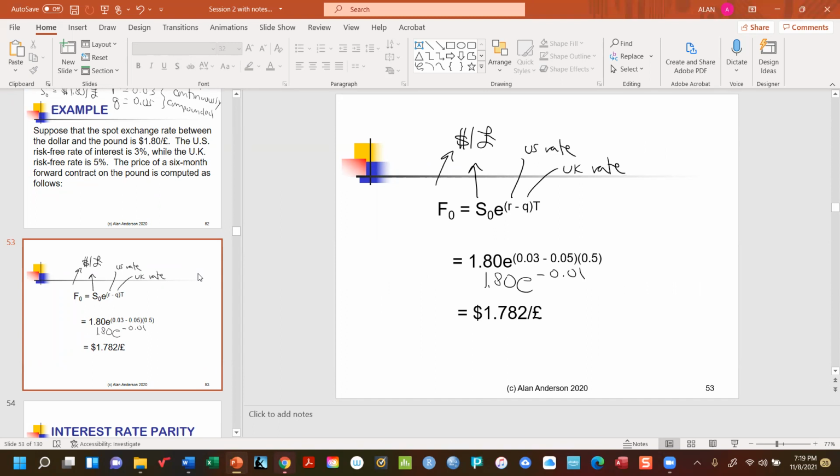And by plugging them all in, all of this reduces to negative 0.01, $1.80 times e to the minus 0.01 gives us a forward exchange rate of 1.7822. So by buying them in 6 months, they're actually a little bit cheaper than buying them in the spot market. And that's the exchange rate I can lock in with a forward contract. And so this is how I might want to hedge my foreign exchange risk.